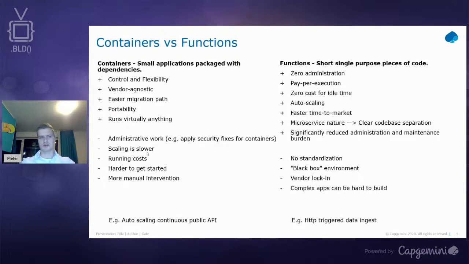It's easier to migrate. They're really flexible, and because it's almost like an operating system, you have a lot of control over them. You can easily look into them, into their file system. It's comparatively easy to manage them.